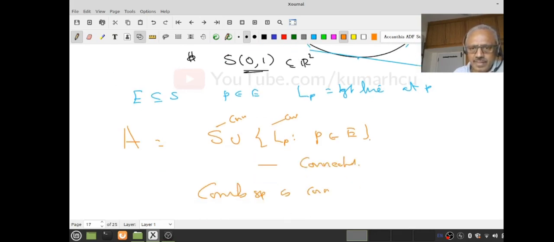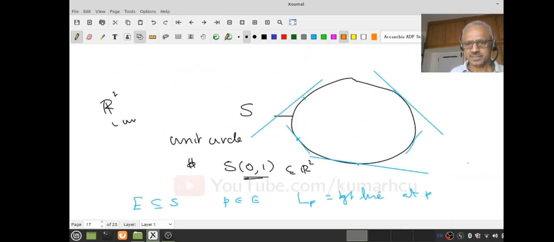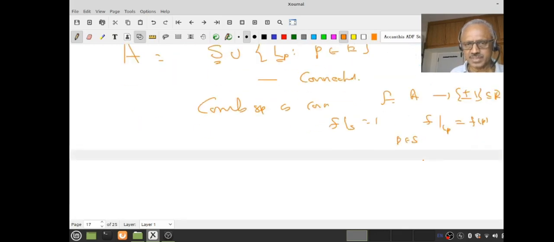And therefore if I have a continuous function from A to {plus or minus 1}, a subset of R, then F is a constant on S, and F is a constant on L_P. Suppose F is a constant, let us say 1. Now F is a constant on L_P, and remember P belongs to S, therefore the constant is F of P itself. Therefore F is a constant on the set A, therefore it is connected.